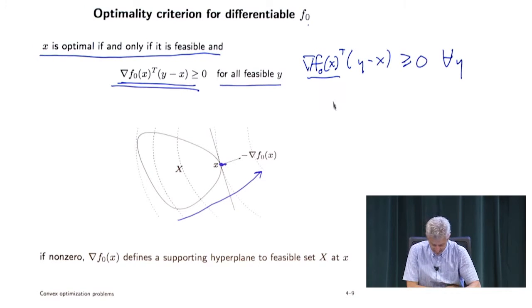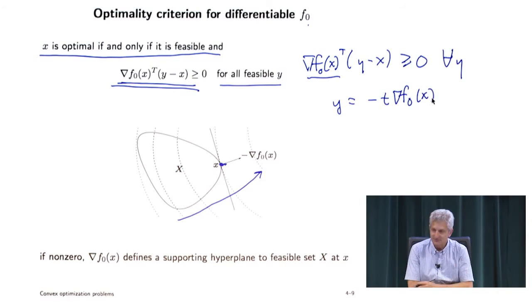How about this y? How about y equals minus t times the gradient of f at x, right there. There you go. If I plug that in, then the first term here is minus t times the norm square of the gradient. Now t is a parameter. I can take it as big as I like, right? And I can certainly arrange it to be big enough to make this inequality false.